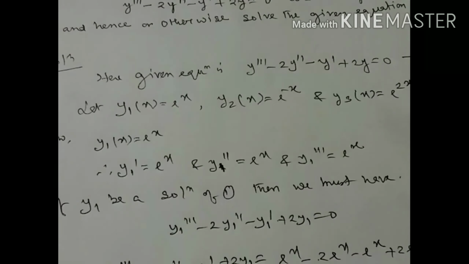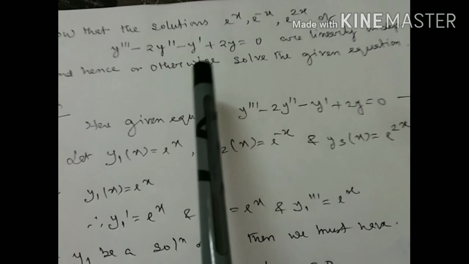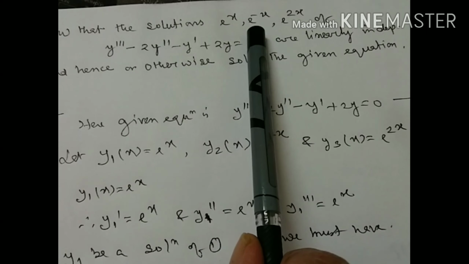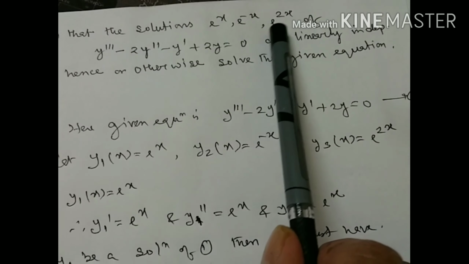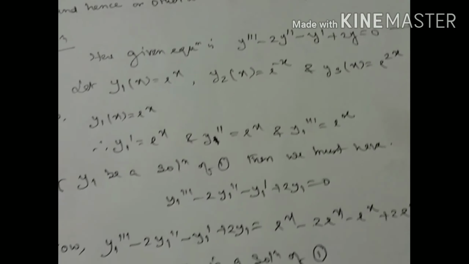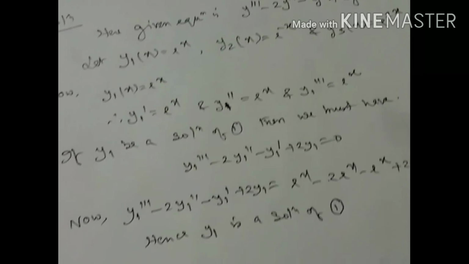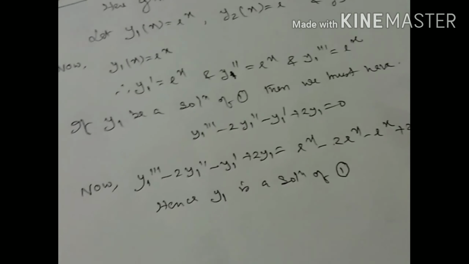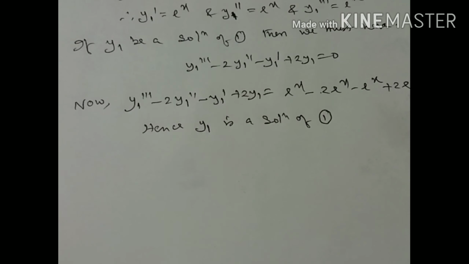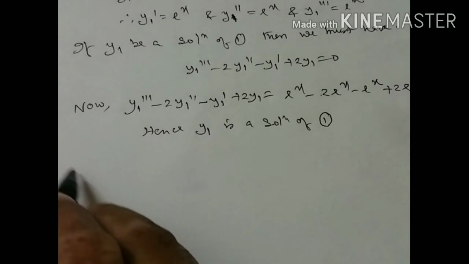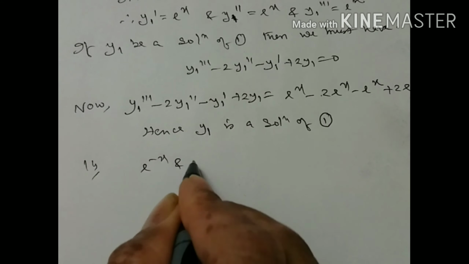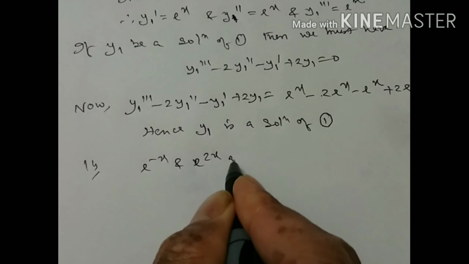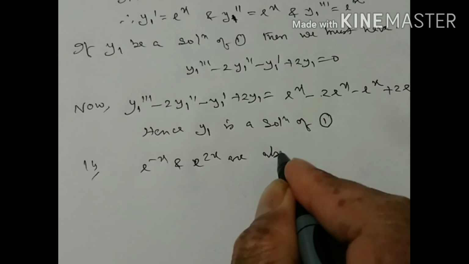Similarly, if we take y2 equal to e to the power minus x and y3 equal to e to the power twice x, then both satisfy equation 1, and hence we can say that y2 and y3 are also solutions of equation 1. Similarly, e to the power minus x and e to the power twice x are also solutions of 1.